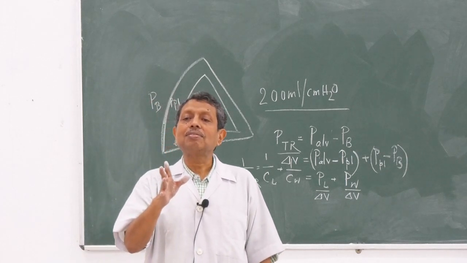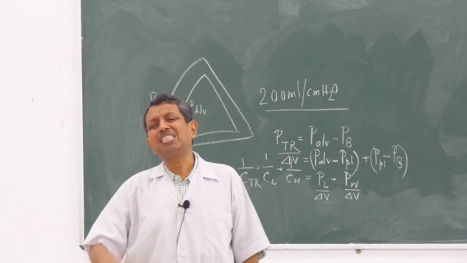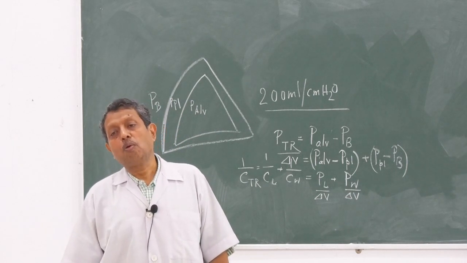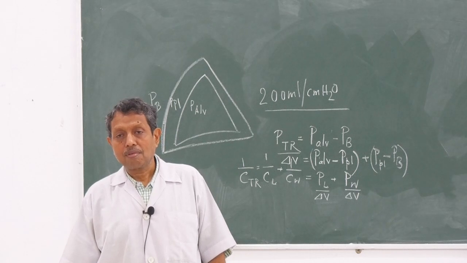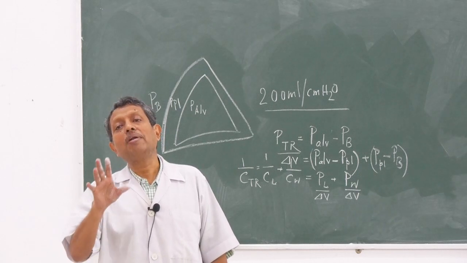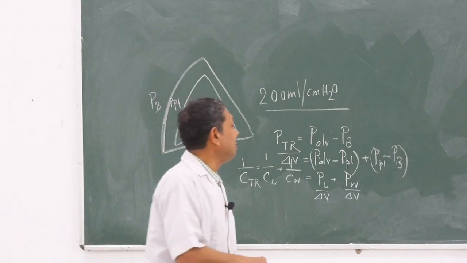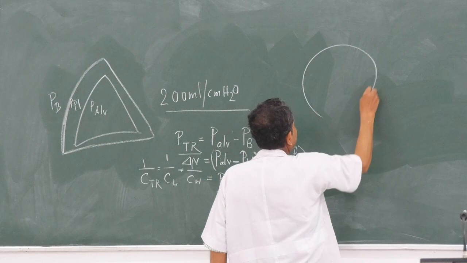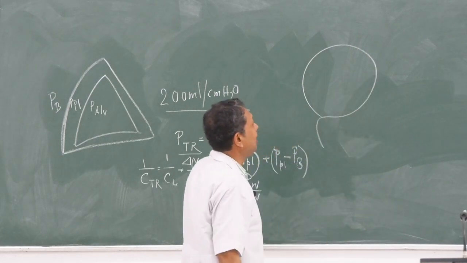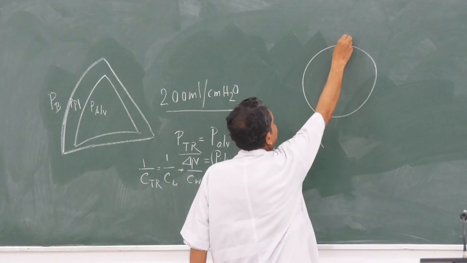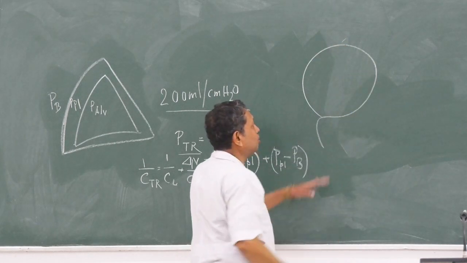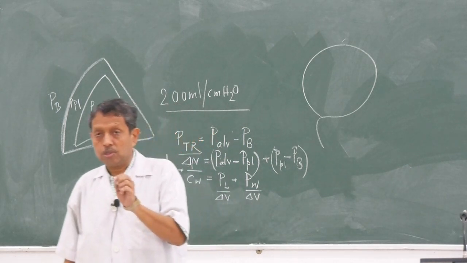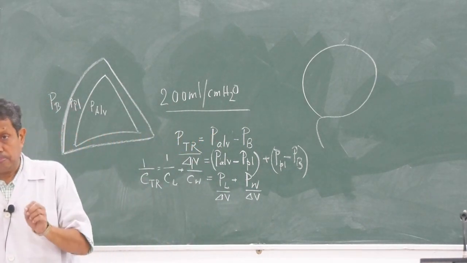And a common example is given in the physics text, and you will have some idea how it is operating. In physics there is a common experiment. Suppose there is a metal ring, and you dip it in a soap film.